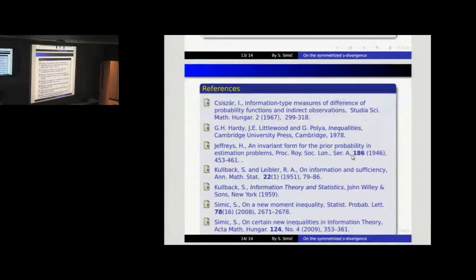And some of our papers, one is from Statistics & Probability Letters, and another in Linear Algebra and its Applications. So that's it. Thank you very much for your attention.